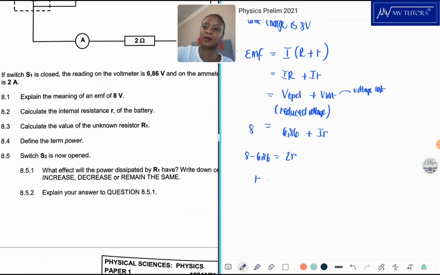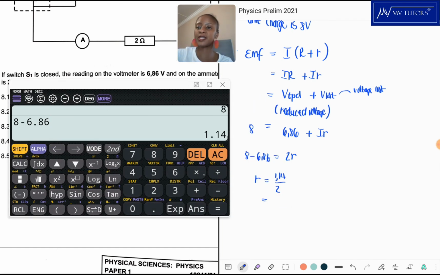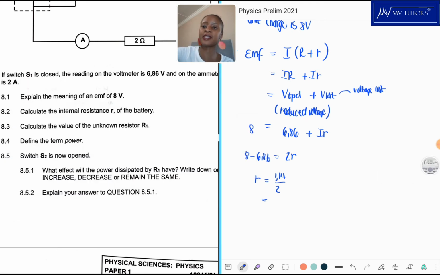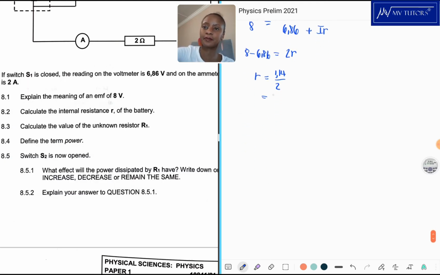So 1,14 divided by 2 will give us our internal resistance, 0,57. And the unit there is ohm. Okay, and that is the internal resistance of the battery.